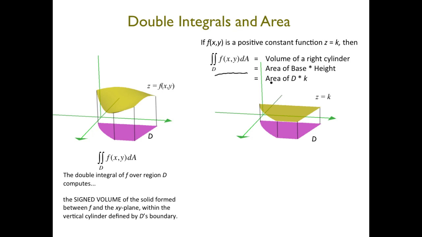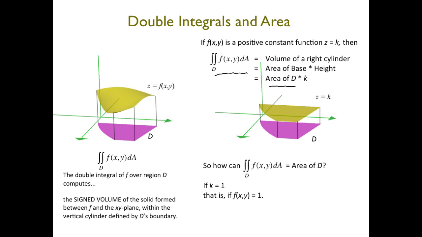1, right? If we want the double integral to be the area, then we want this constant function to be the function 1. If k equals 1, the function that we're integrating, if we make that the function 1, then we get the volume of the cylinder with height 1, which has the same value as the area of the base.